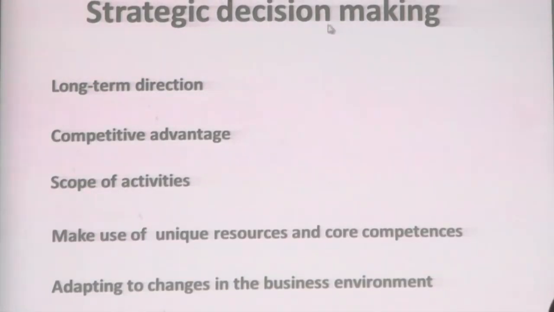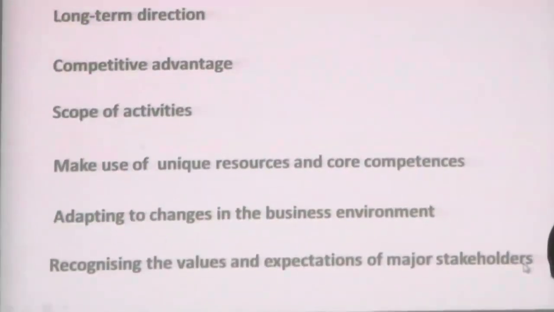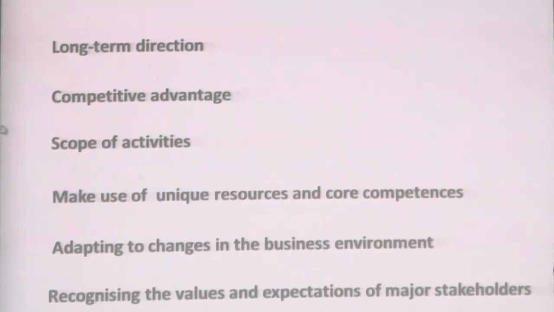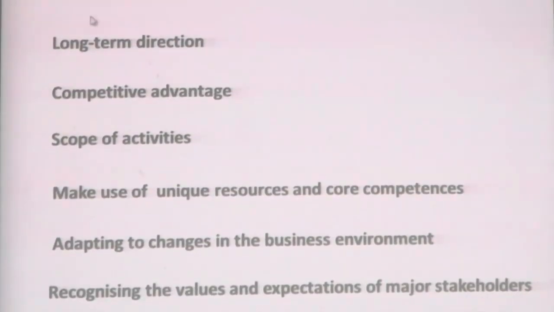So in the strategy making, you have seen the long term direction, competitive advantage, scope of activities, make use of unique resources and core competencies, and adapt to changes in the environment, and also the values and the expectation of major stakeholders. All this has to be considered when you are taking strategic decisions.